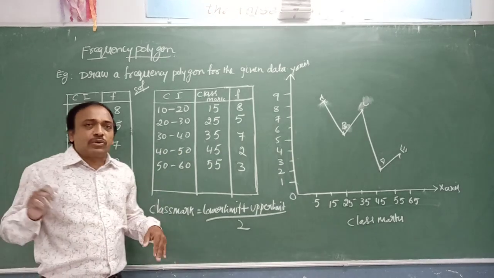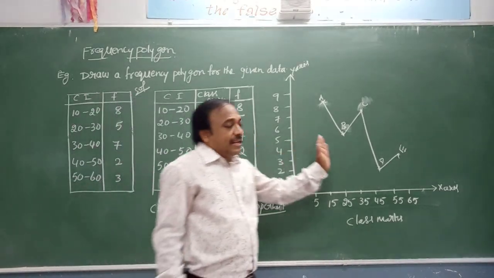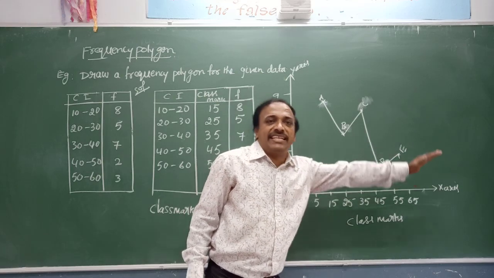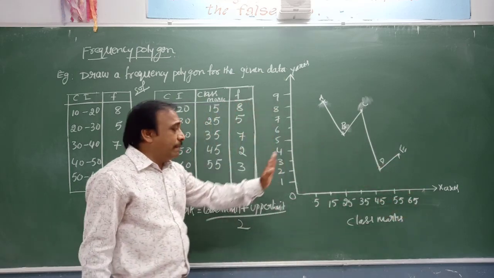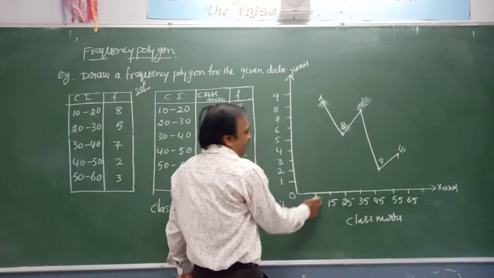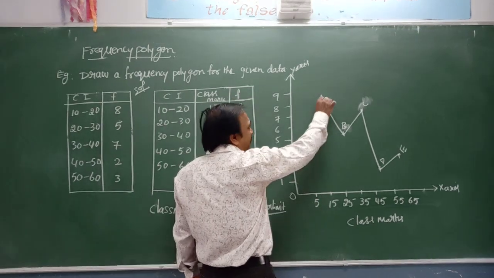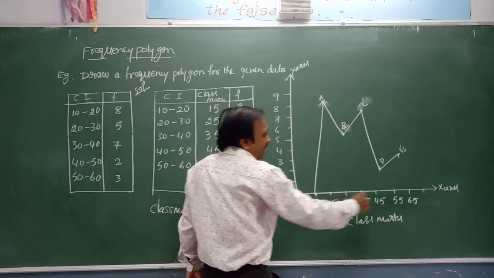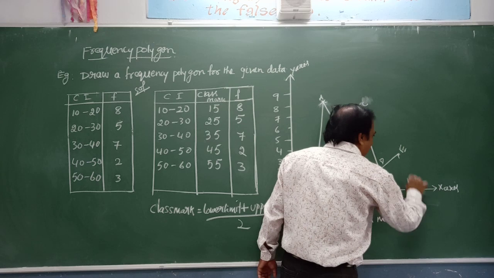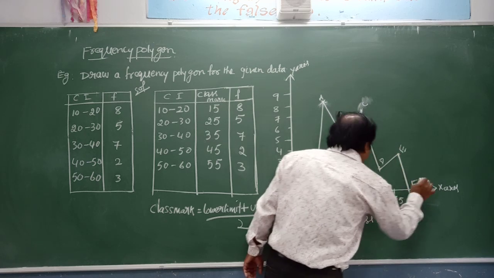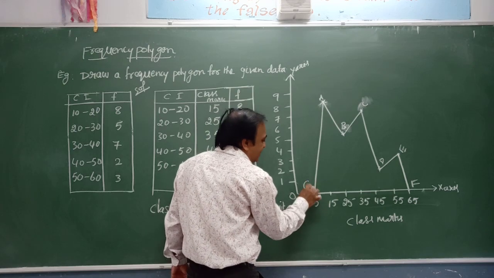No. To obtain the closed figure, we join those end points to the preceding midpoint and the succeeding midpoint. The preceding midpoint is 5. From here to here we are joining. This is a point, and the next midpoint is this one. So E, and this point is F. This point we can write as G.